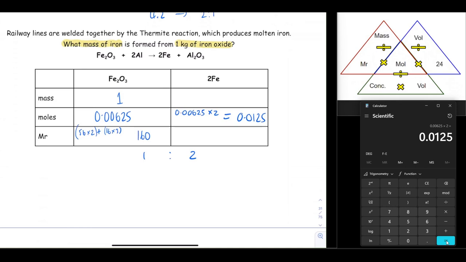My relative molecular mass of iron is just 56 because there's no small numbers. So I times this by 56. That gives me 0.7. So what mass of iron is formed? 0.7 tons.